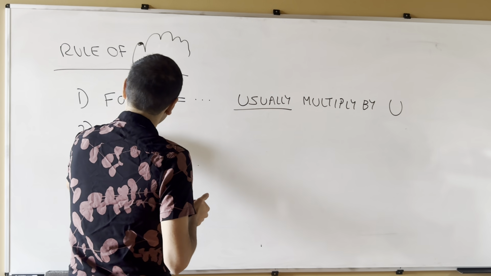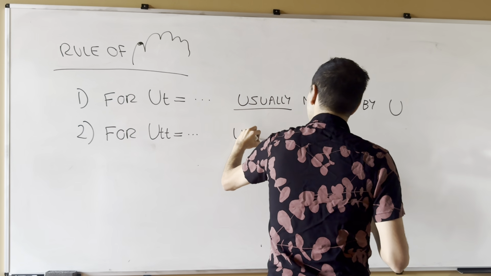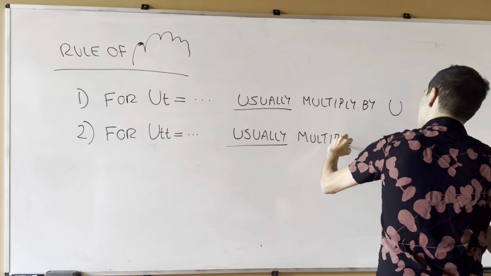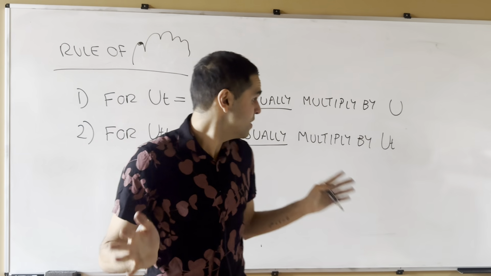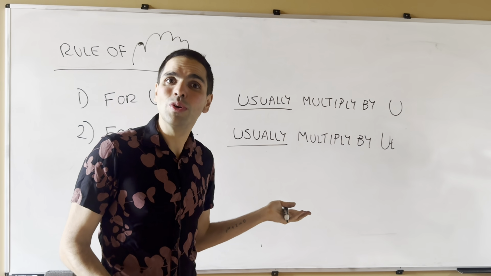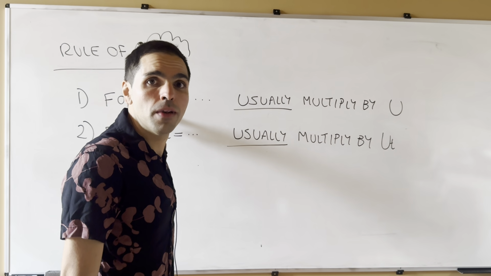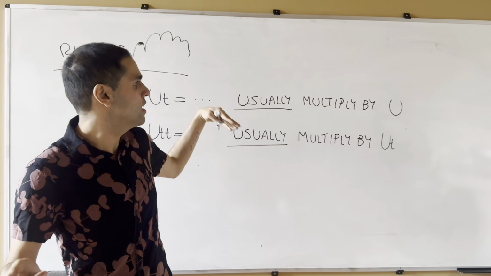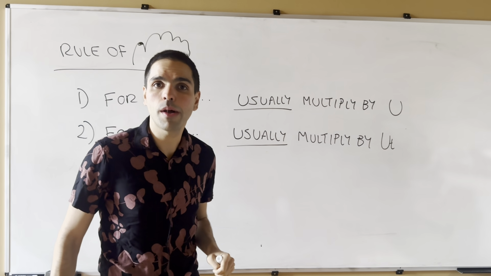And today for the wave equation, utt equals something, usually multiply by ut. The reason I'm saying usually is because it's not always true. Sometimes you can get interesting information if you multiply this first PDE by ut. But unless otherwise specified on the exams, for instance, usually you just multiply by one of those two things.